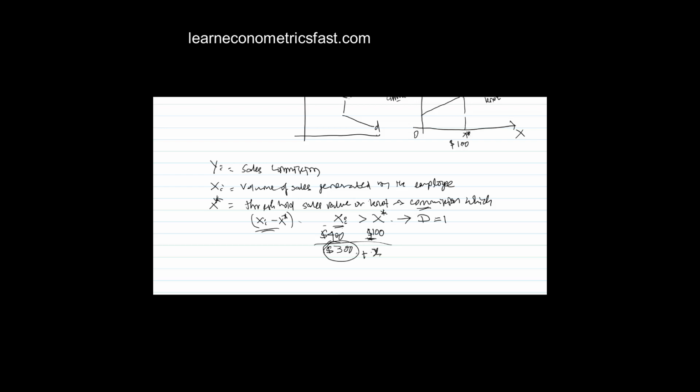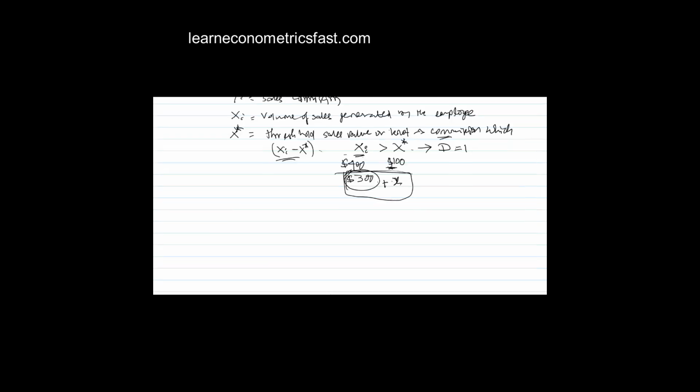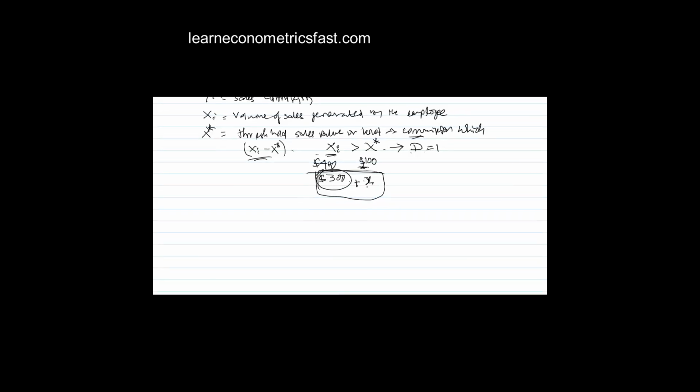And if xi is smaller than x star, that means he has not achieved x star, the threshold amount. In fact, he has achieved less. That means your d will be 0. Okay, this I just told you to make it simple.